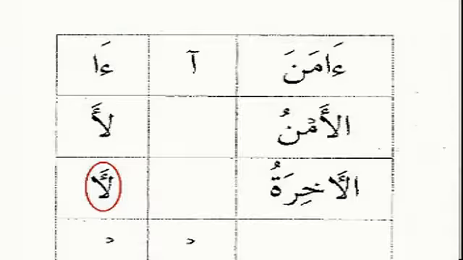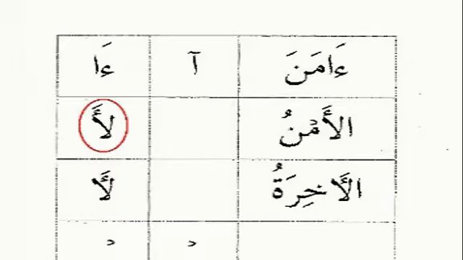Did you get that? Yes. Because it is as if it is Alif plus Hamza plus Alif. This is Hamza plus Alif. But if it's placed here, it is only Hamza followed by Fatha. This is Hamza, Fatha plus Alif.